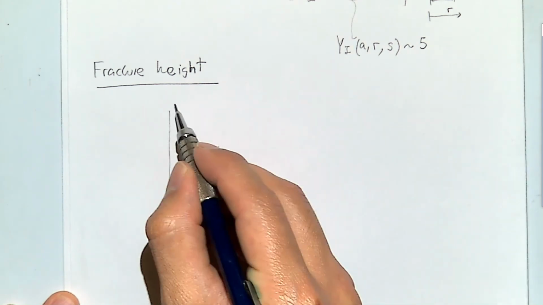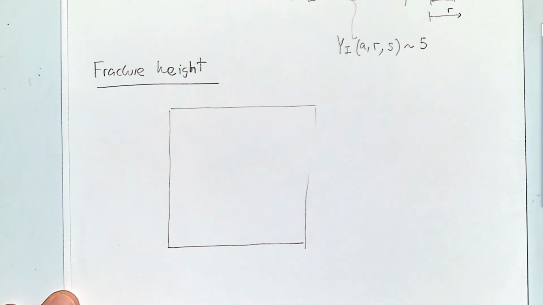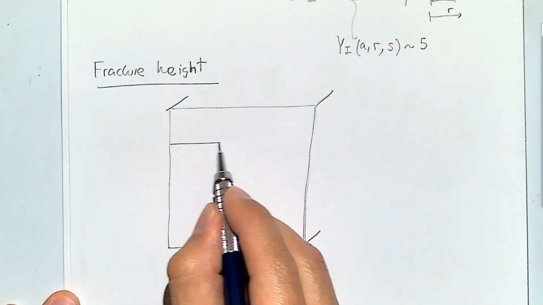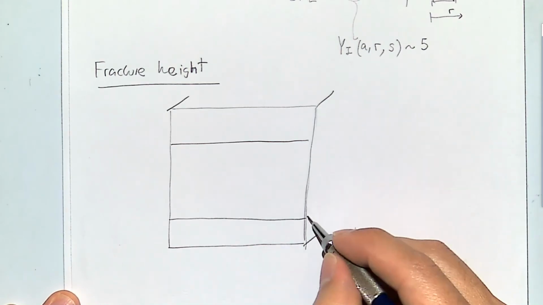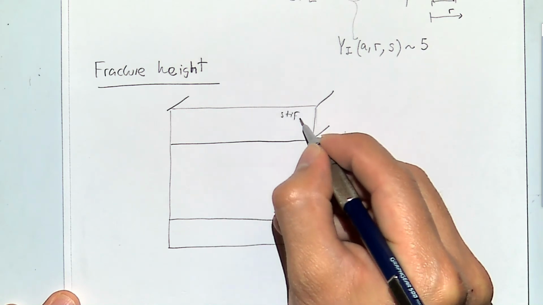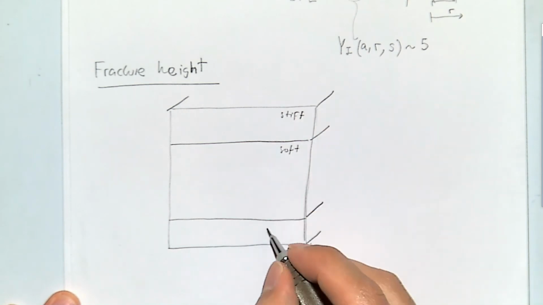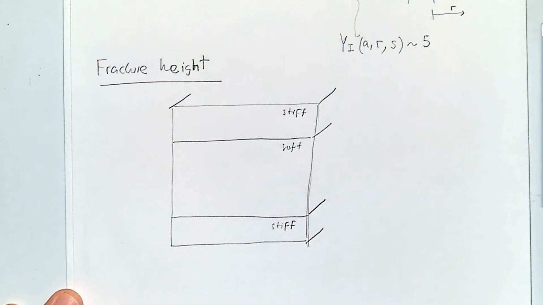Imagine that we have a rock which is composed by layers, and here we have stiff rock, here we have a soft rock, and here we have a stiff rock again.